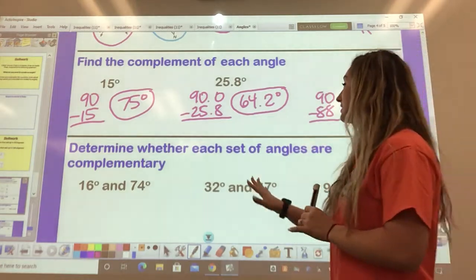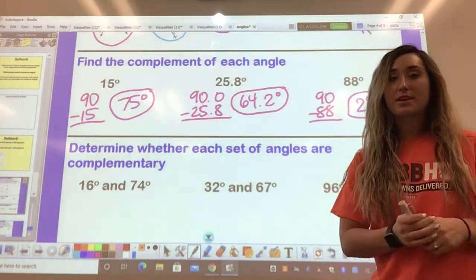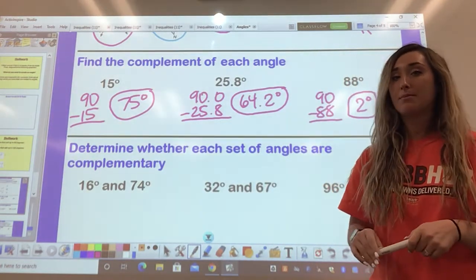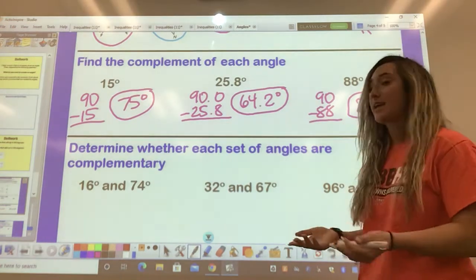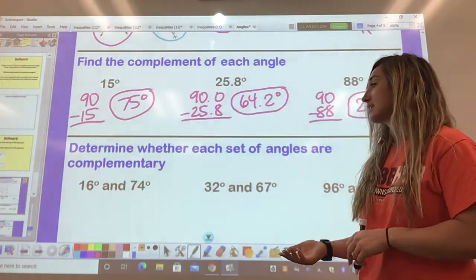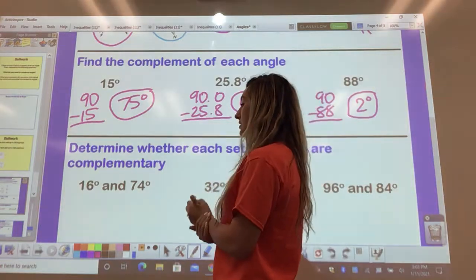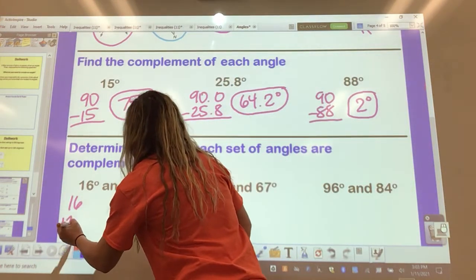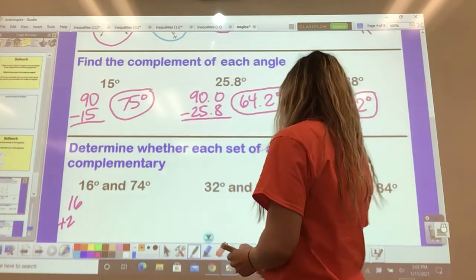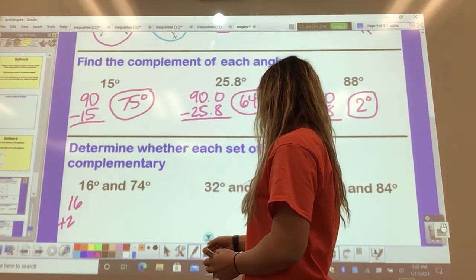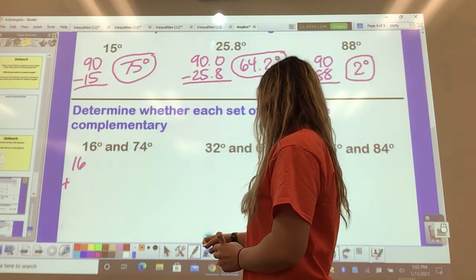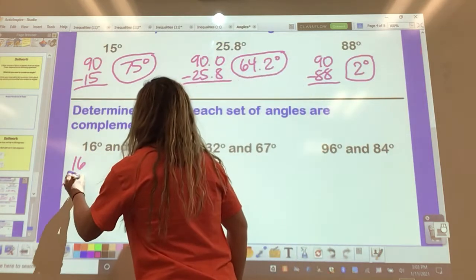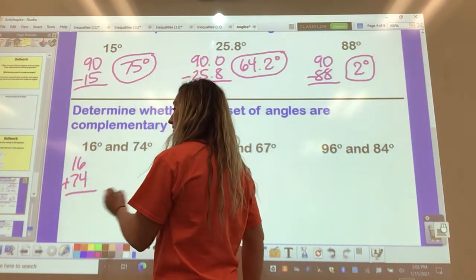Lastly, we're going to take a look at the following pairs of angles and determine if they are complementary. So we're going to determine if they add up to 90. Do 16 and 74 add up to 90? I believe they do.